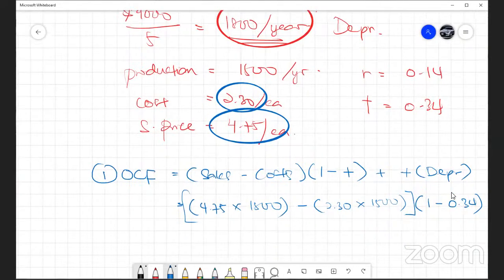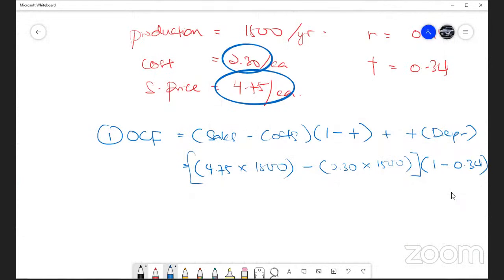The tax rate is 0.34, so 1 minus t means after tax, the value is 0.66 of the whole total. Plus tax times depreciation. This is the depreciation tax shield: how much tax shield you have on your depreciation of 1,800. You're going to get this back. So this will give you an operating cash flow of 3037.5 for year 1 to year 5.